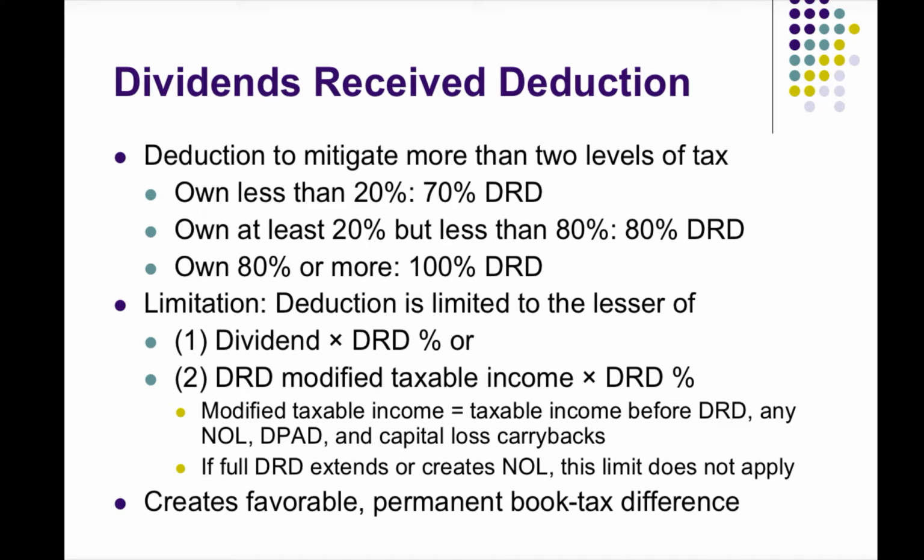But you should at least know these are the ownership thresholds, and depending on how much the corporation owns of the other corporation, whether it be lower than 20%, between 20 and 80%, or more than 80%, that will determine whether 70% of the dividends received from that underlying corporation are deductible, 80%, or a full 100%.